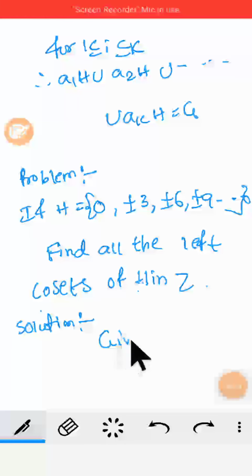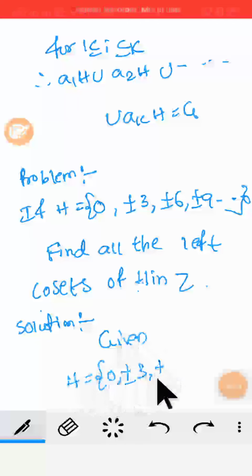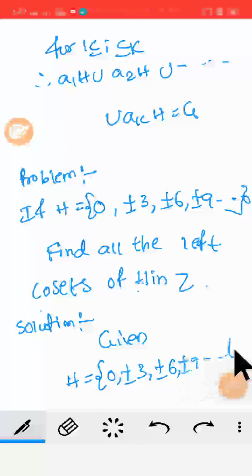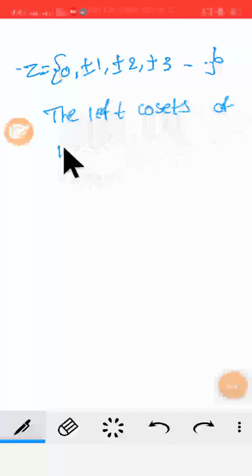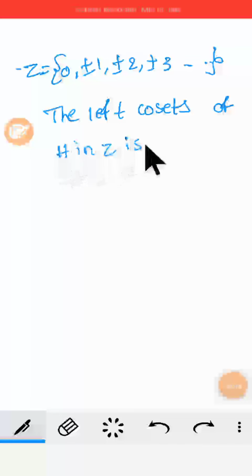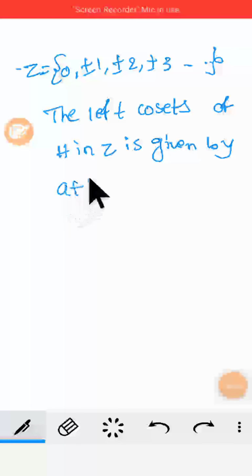Given H equal to 0, plus or minus 3, plus or minus 6, plus or minus 9. Z equal to the integer set 0, plus or minus 1, plus or minus 2, plus or minus 3, and so on. The left cosets of H in Z is given by a plus H, where a belongs to Z.